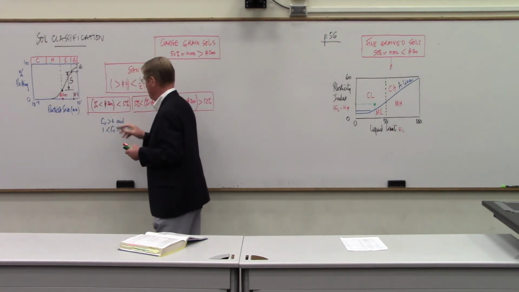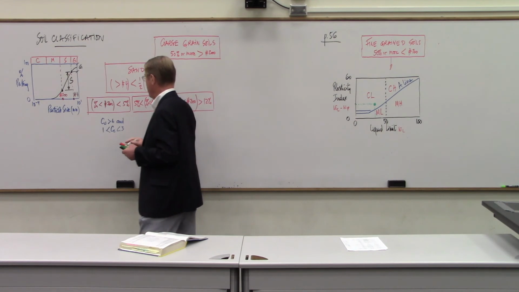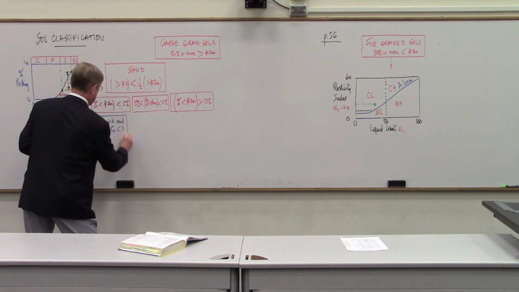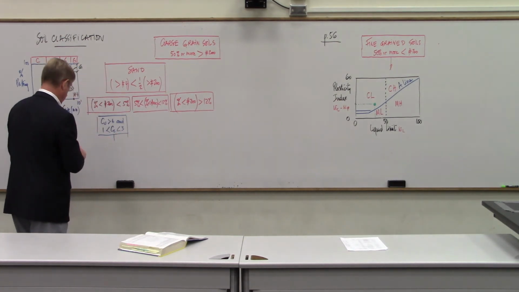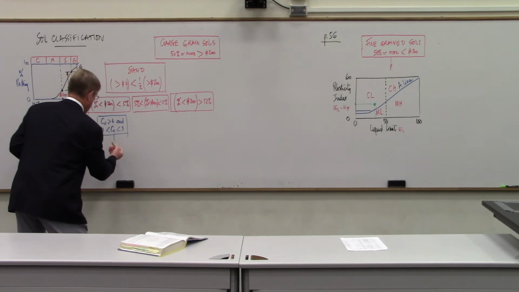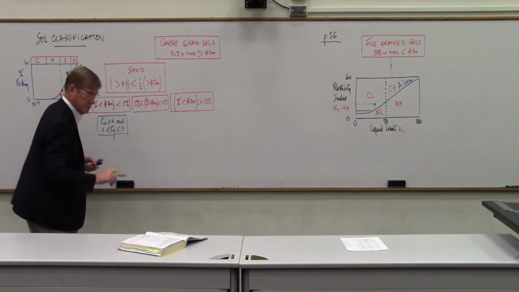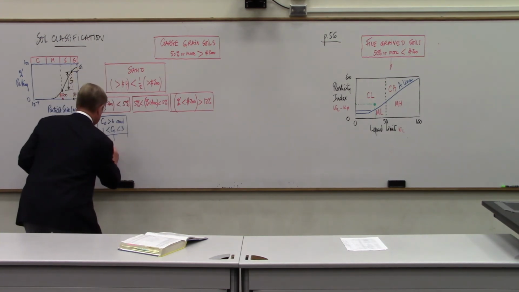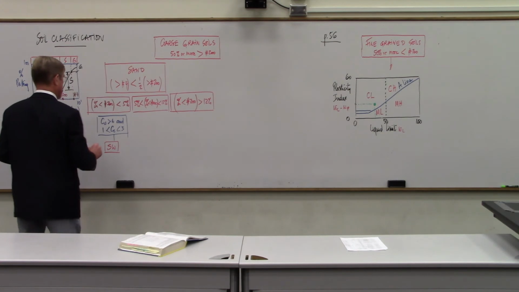That gives you C sub u and C sub c. If they satisfy this, then your classification will be, let's see, yes, SW. So it's a well-graded sand.